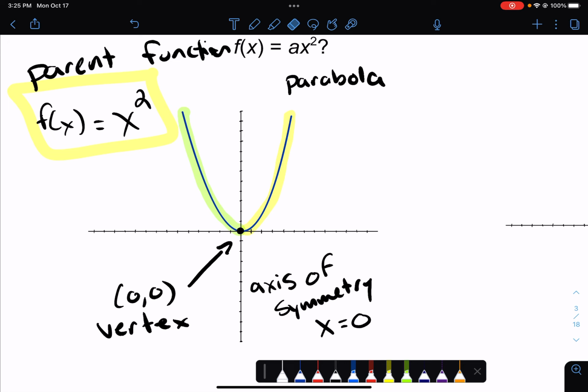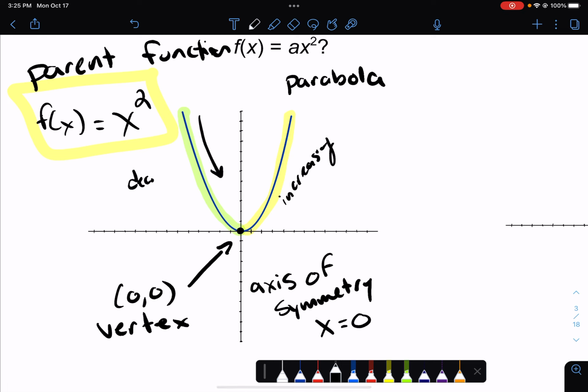If you notice the right side of my graph, this yellow part, as I move to the right, my graph is increasing, right? But on the left-hand side, my graph is going down as I move left to right.